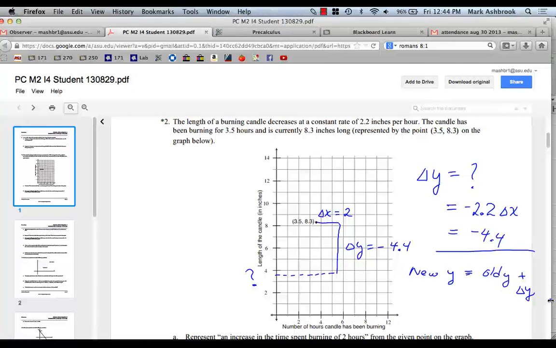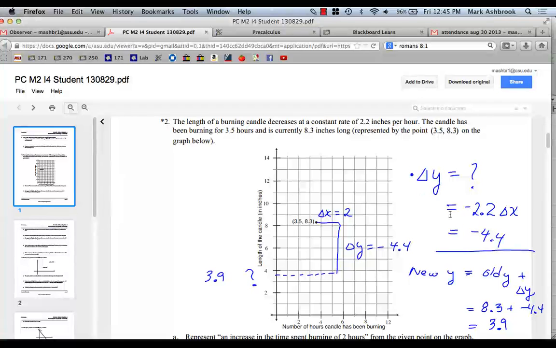So isn't this true? The new y value will just be what the y value was before, and we're going to add on the change, and we'll get the new y. Does that make sense? So what is the old y? 8.3. And now we know the change in y. What was the change in y? Negative 4.4. Equals? And that's about where we landed here, 3.9.